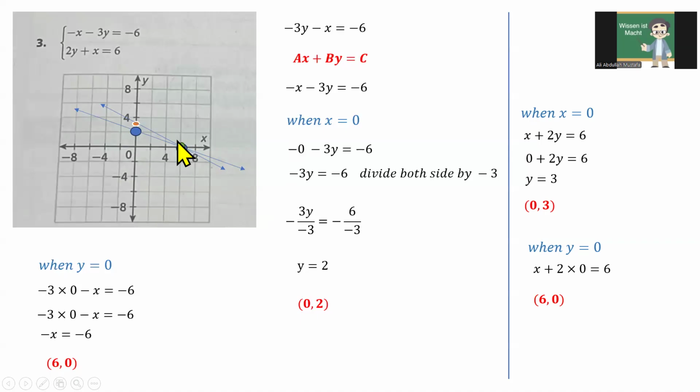That's why we have 2 points on top of each other, because we have 6, 0 from the first equation and 6, 0 from the second equation. So you draw the line between this point and this point, and you see that they intersect at that point. So we can say that the solution point is 6, 0. That's all for it.